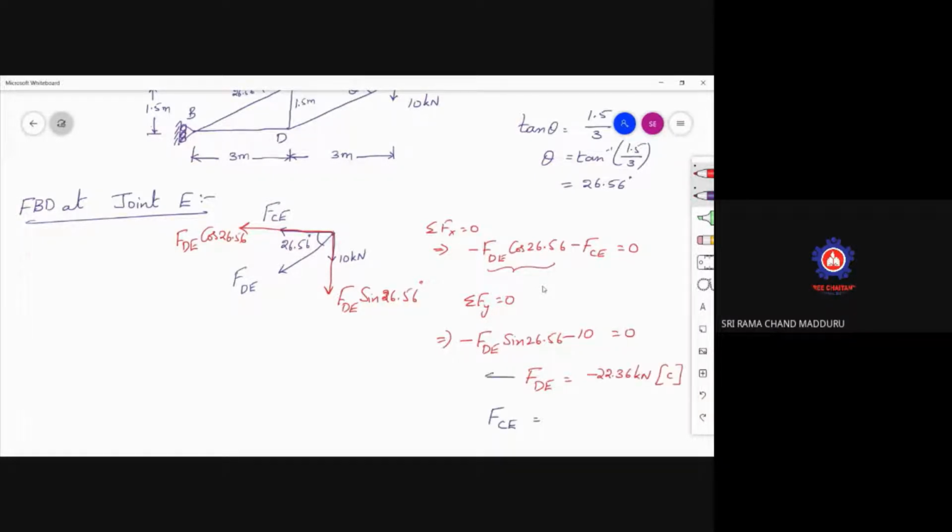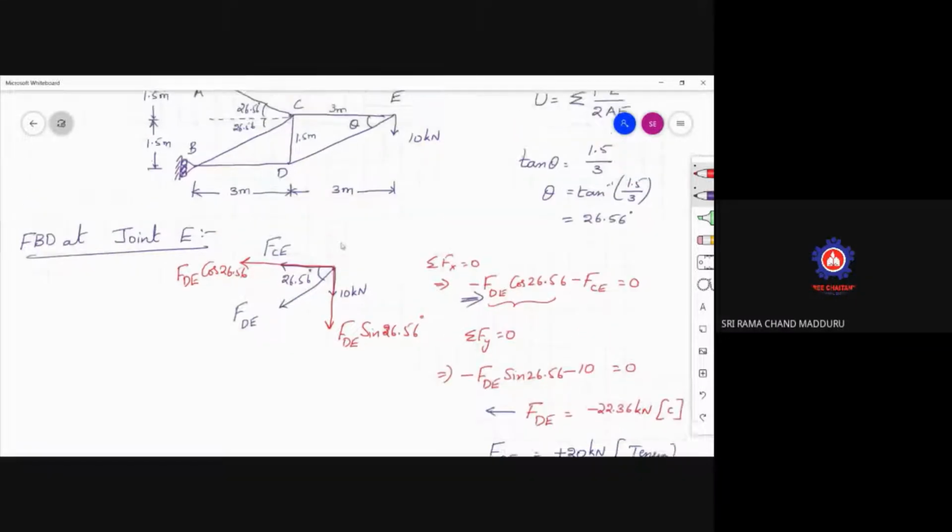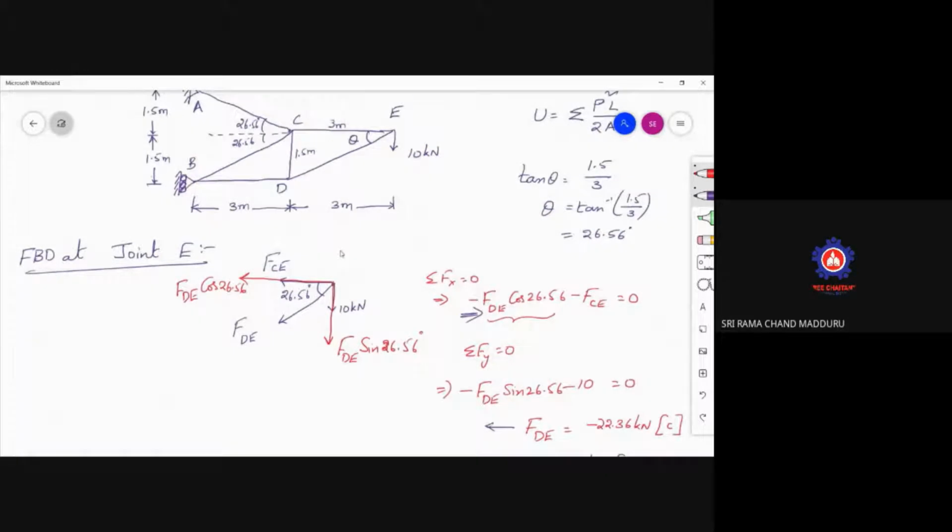Substitute this value in the equation to get FCE, and FCE will be plus 20 kilonewtons, which is under tension. So the free body diagram at E is completed. We calculated the forces in these two members. This is done. This is done.